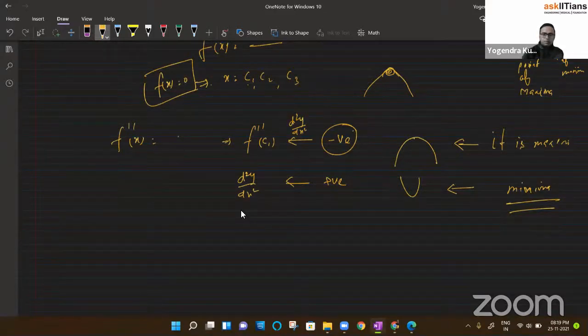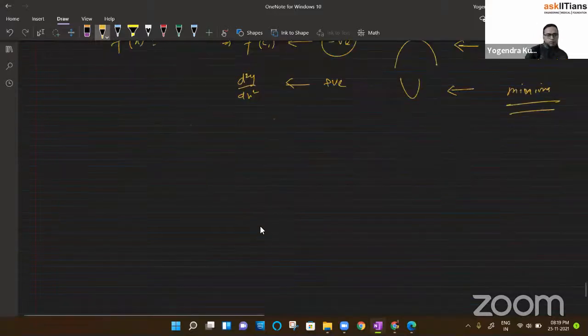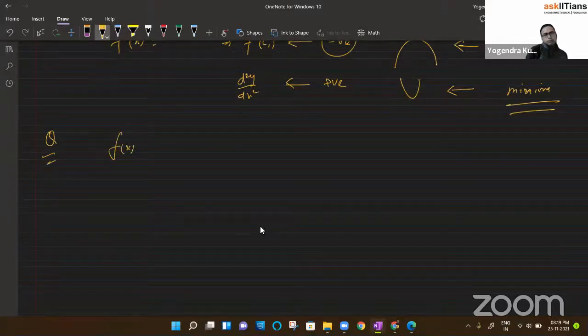Okay, everyone answer this question. Find the maximum and minimum value, if any, for the function sine of 4x plus 3, and mod is also written here.